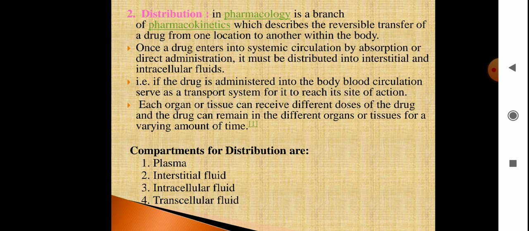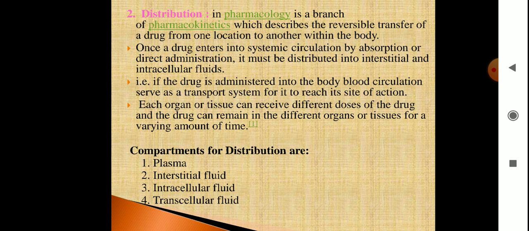It is a branch of pharmacokinetics which describes the reversible transfer of the drug from one location to another location within the body. Once the drug enters the systemic circulation by absorption or direct administration, it is distributed into the interstitial and intracellular fluids.